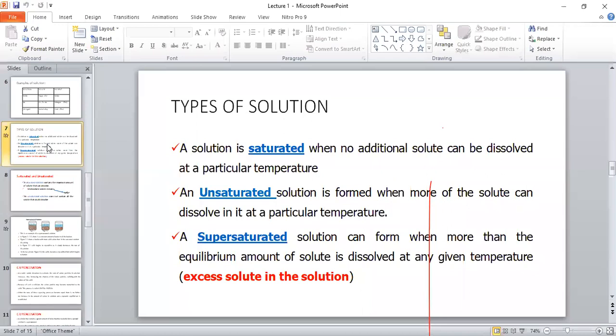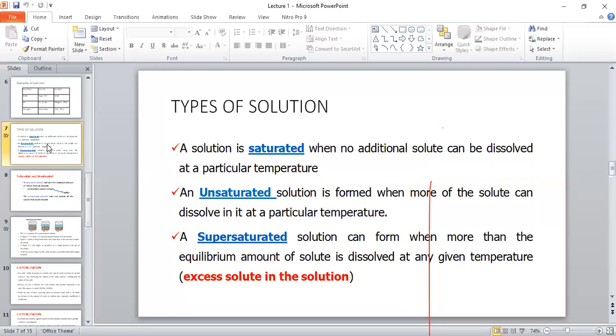That means the solute has gone into solution up to the extent that you can no longer add more solid. More solid can no longer dissolve in that solution. So it means that solution is saturated.